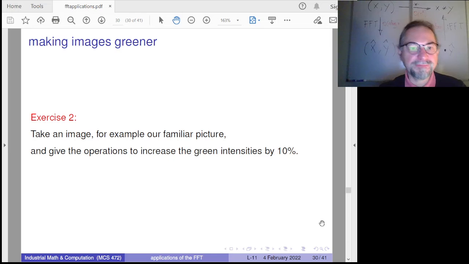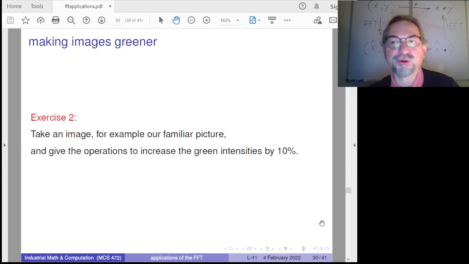Take the familiar image or any other image that you want, preferably with grass in it, or some type of green, and make it somehow greener. This could be by just multiplying all the green intensities by a factor 1.1.